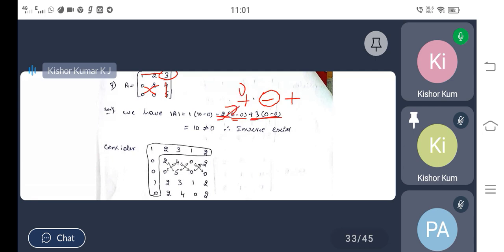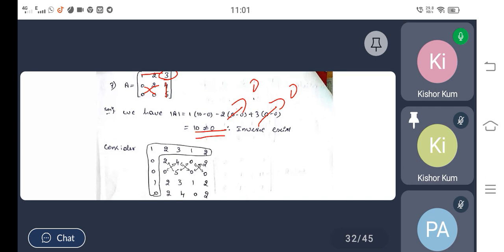So the second and the third elements both will be 0 because multiplication with the 0 we have. And 10 minus 0 is 10. 10 into 1 is 10. That is, 10 is not equal to 0. Therefore, inverse will exist.